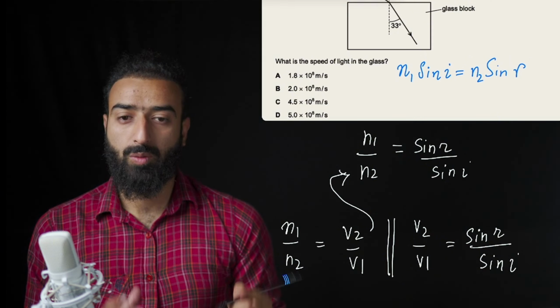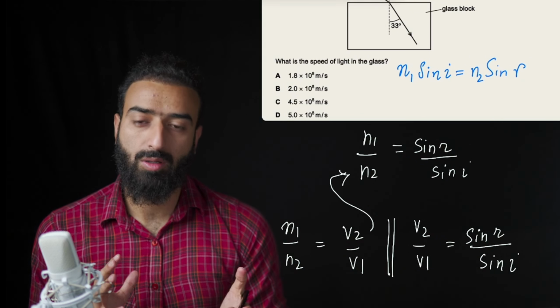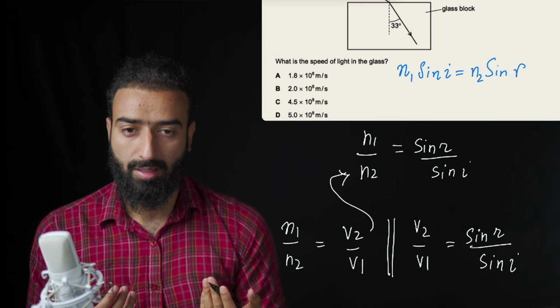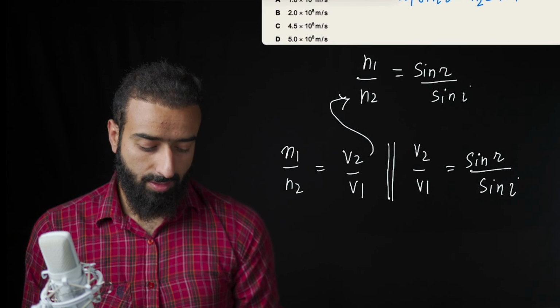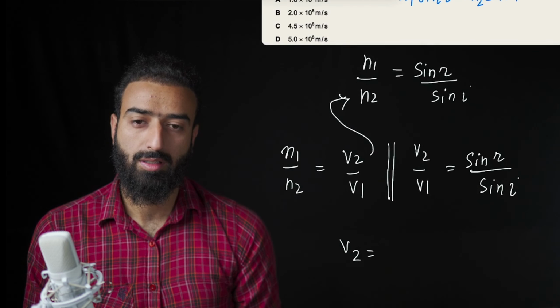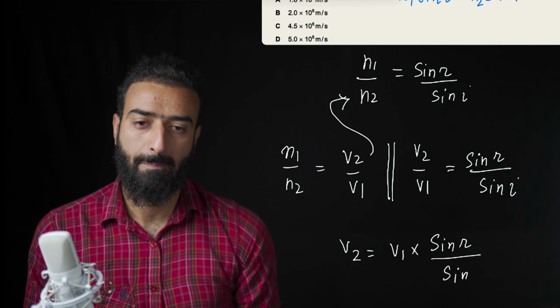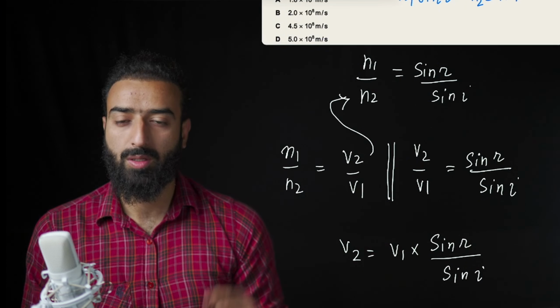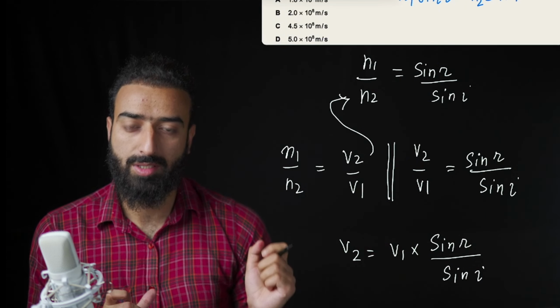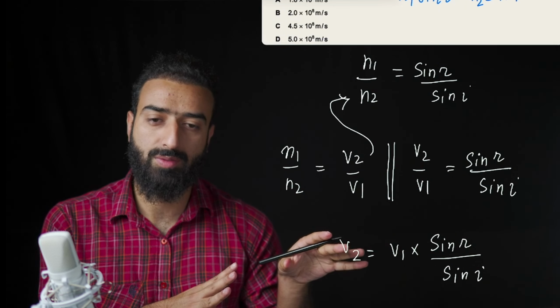V2, V1 we know, V1 is the speed of light in air. So we can rearrange this equation and write it as sine R over sine I. Now we know how much R is, we know how much I is, so I'll plug all those values inside here.